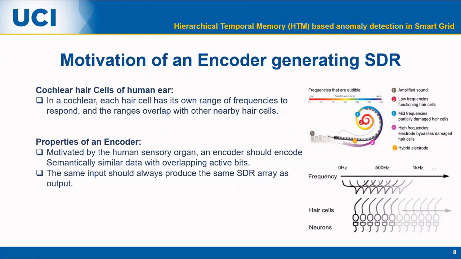Each cochlear cell has its own range of frequencies to respond to, and the ranges overlap with other nearby hair cells. This property motivates the encoder to generate SDR. So an encoder encodes semantically similar data with overlapping active bits. An encoder also ensures that the same input always produces the same SDR array as output.